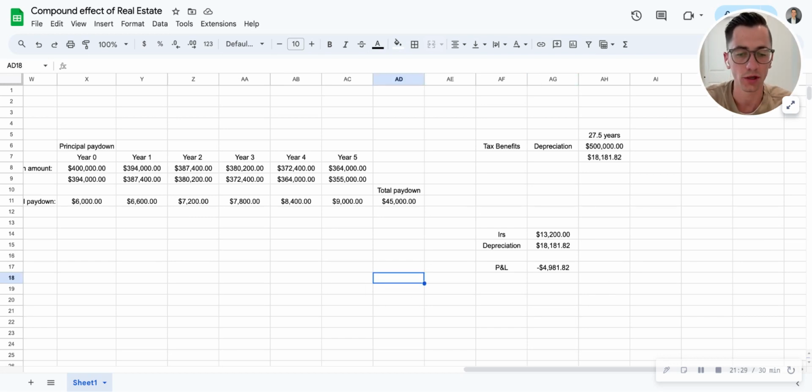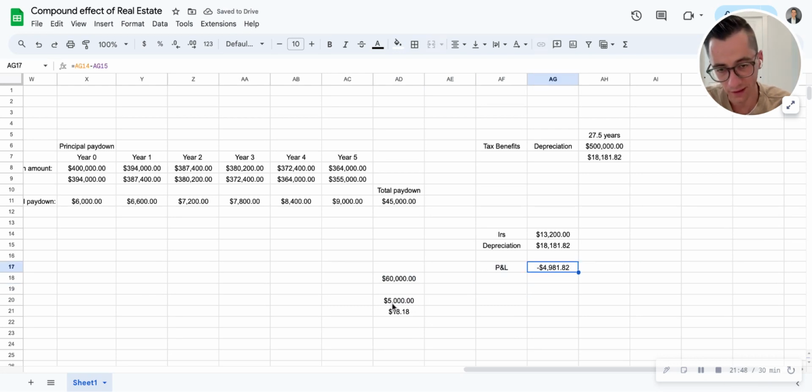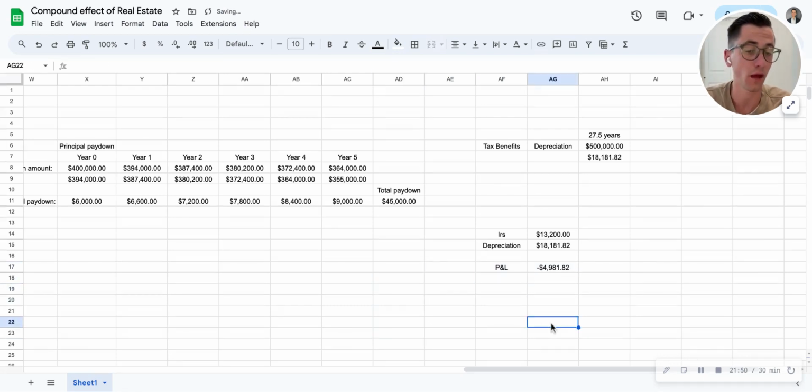Say you have your 9-to-5 job and you're making $60,000 a year, and you would have had to pay $5,000 in taxes or whatever. You could roll this into your taxes, and that tax benefit can help you on the rest of your taxes as well, which is awesome.